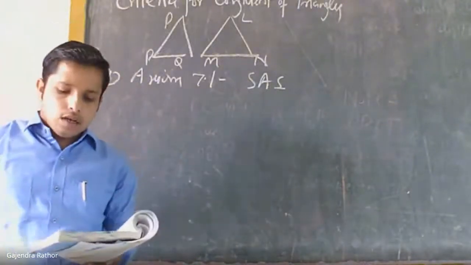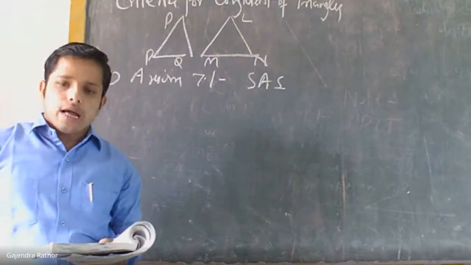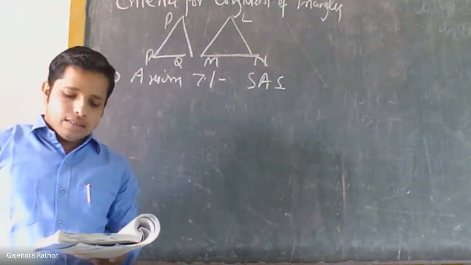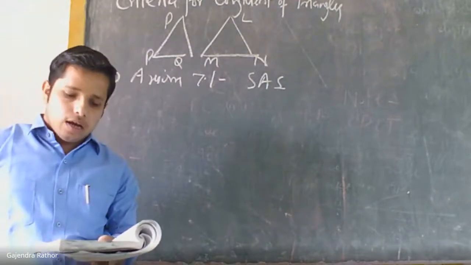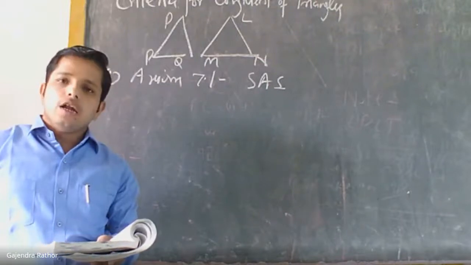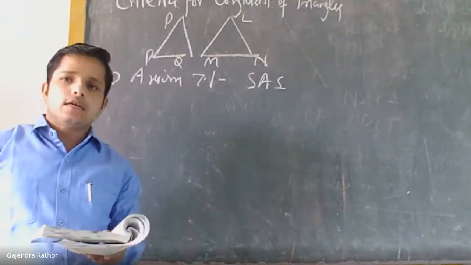SAS criterion means two triangles are congruent if two sides and the included angle of one triangle are equal to the two sides and the included angle of the other triangle.